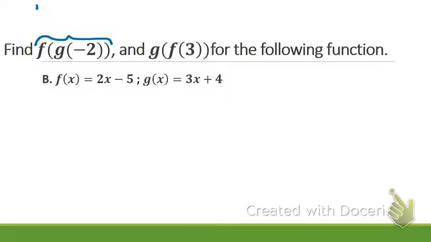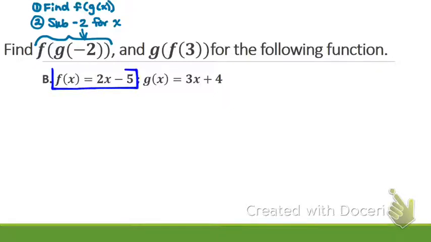The first thing I would need to do is to find my composition, find f of g of x, and then I will sub in my value for x. So here's my function f of x.